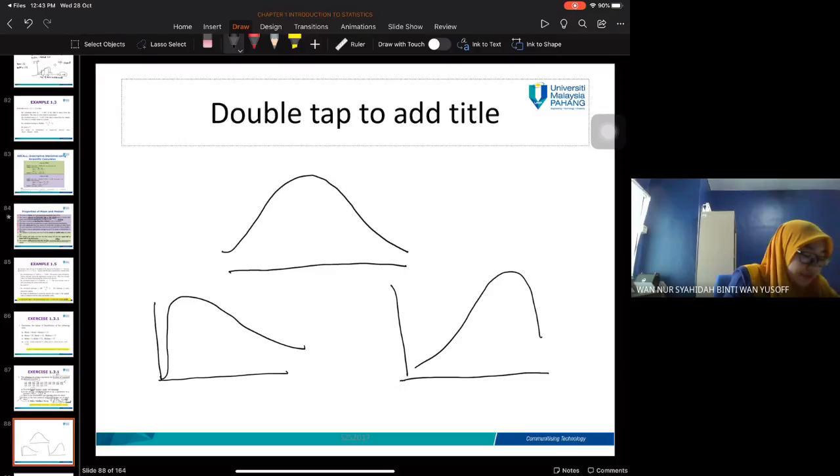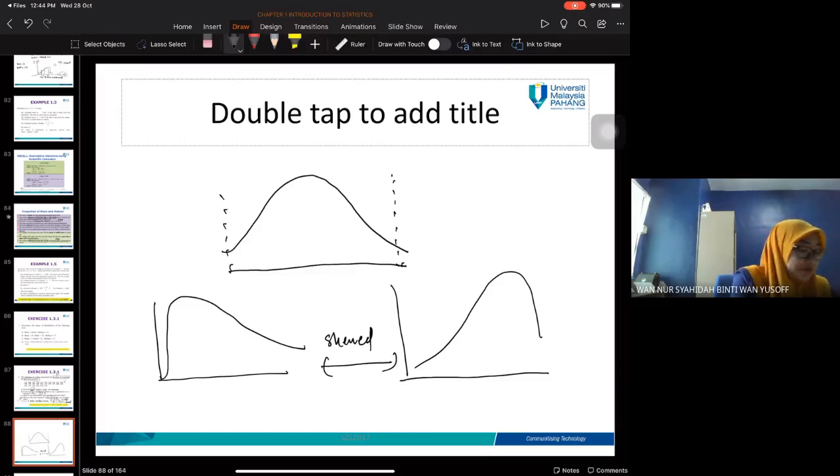When we have symmetric data, most of the data will be in range, so the probability that we have an outlier is low.